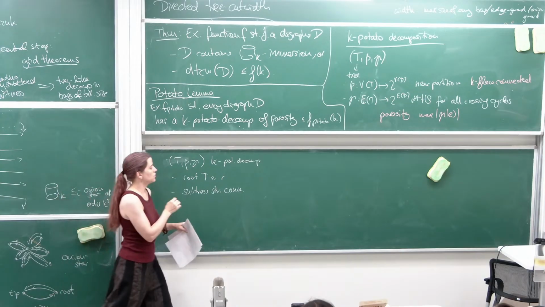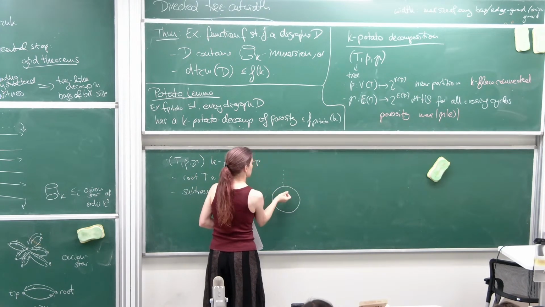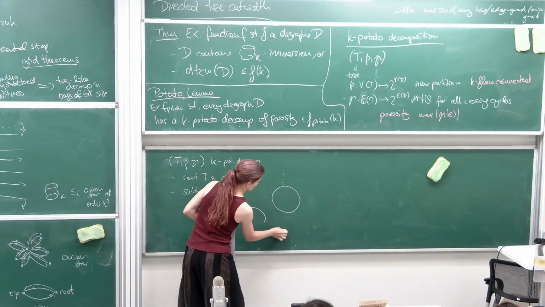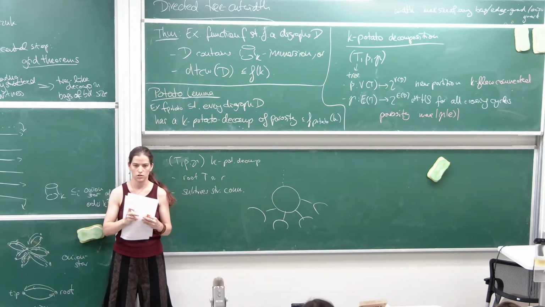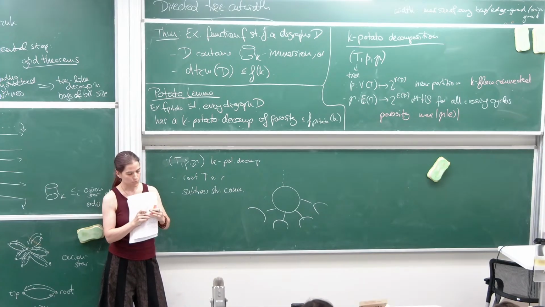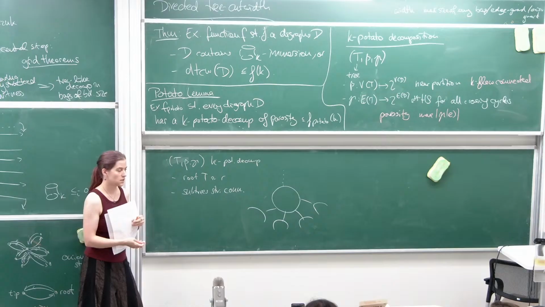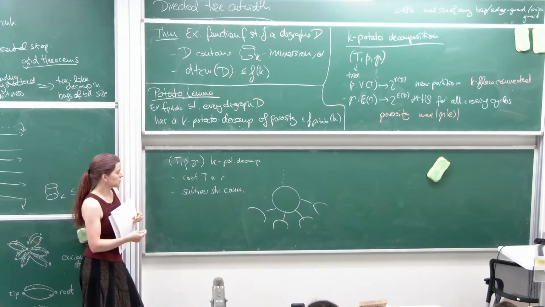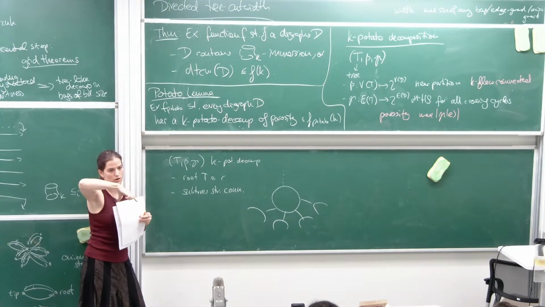And now for each bag, every bag has a parent and a bunch of children, we define something that we call the torso of this bag. Sorry, what do you mean by making the subtrees strongly connected? That the graph induced by the bags that lie in a subtree is always strongly connected.